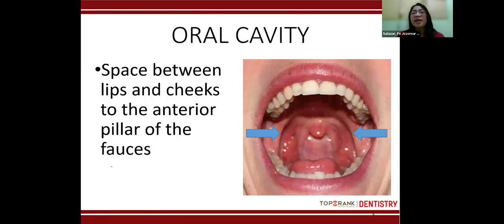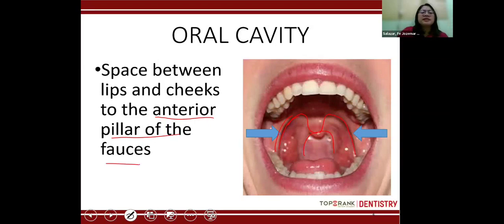When a patient or you open your mouth, you will find two arches. Ito, kasama niya si uvula, and then another arch here. This is what you call the anterior pillar of the fauces.